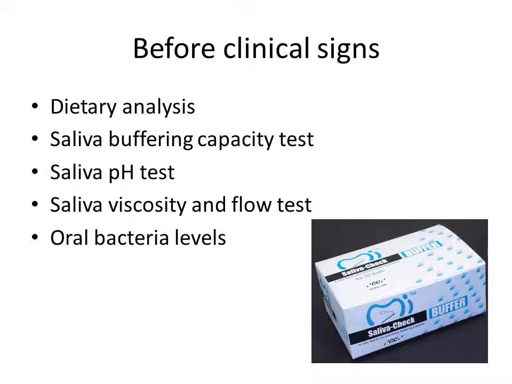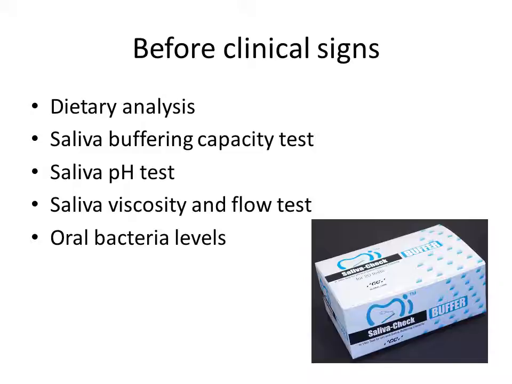So we can analyse their diet, we can look at the frequency and the constituents of a person's diet. We can also do a test of the buffering capacity. There are some commercially available products, and you can see one of them here on the slide, made by GC, which measures the capacity of the three major buffering systems in a person's saliva.